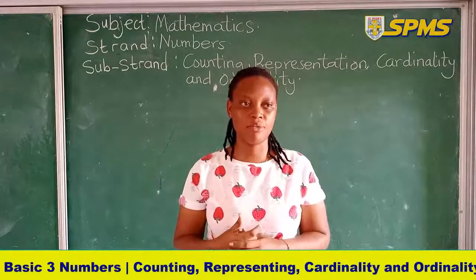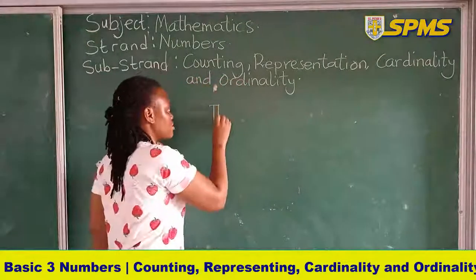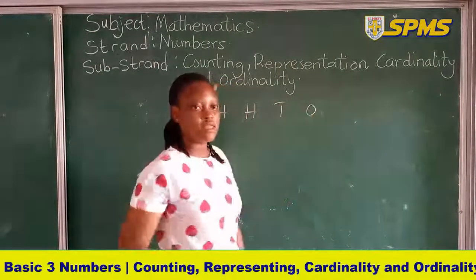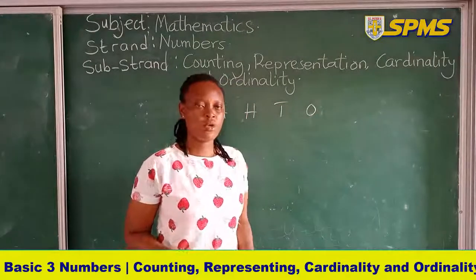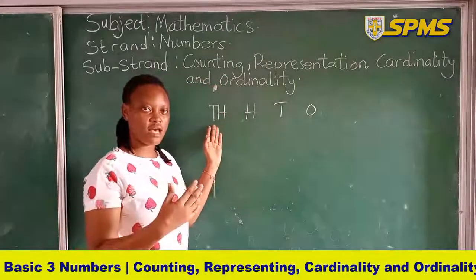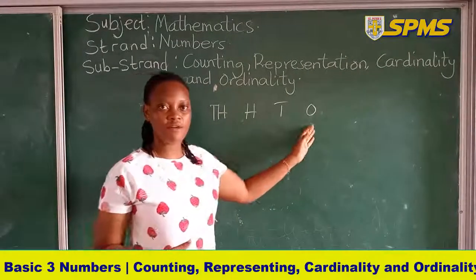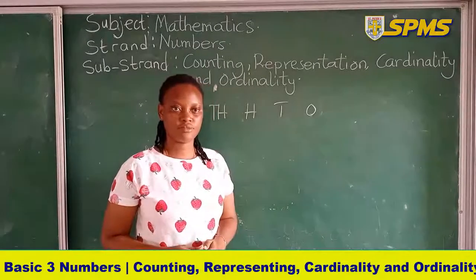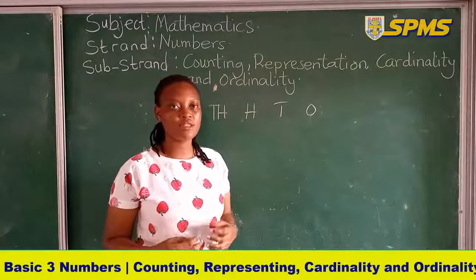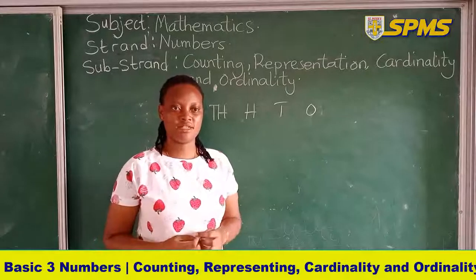Now let's look at an example. Okay, so let us look at our number place. We have the thousands, the hundreds, the tens, and then the ones. We know that the thousands are always greater, followed by the hundreds, then the tens, and then we have the ones. So when comparing, it depends on where or what the number is.